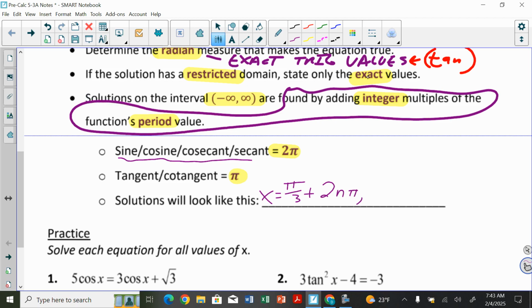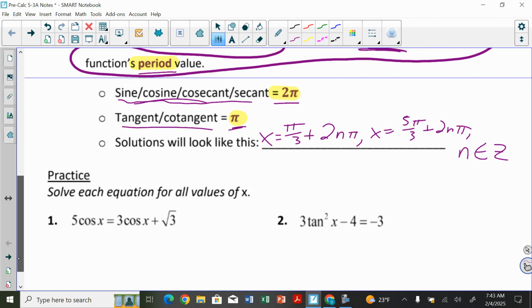And there might be another one as well, where x equals 5 pi over 3 plus 2n pi, where n is an integer. That's where we come up with these integer multiples. You're going to have your exact values, but then you have to add the multiples of the period. If we're talking about sine and cosine, it's 2 pi, but if your function is tangent or cotangent, it would be pi because those periods are just pi.